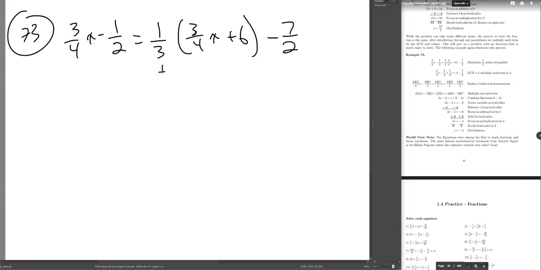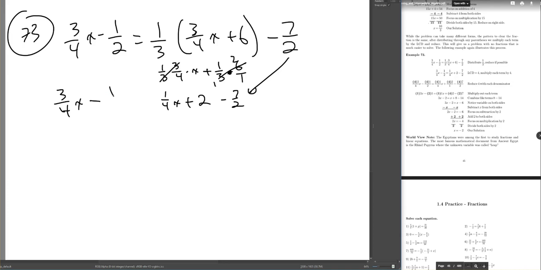All right. 1 over 4 multiplied by 3 over 4x... I get 1 over 4x plus 2 minus 7 over 2, 3 over 4x minus 1 over 2 equals. All right, we got that one.